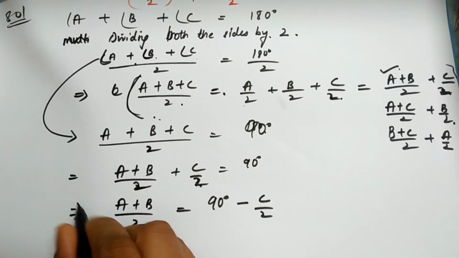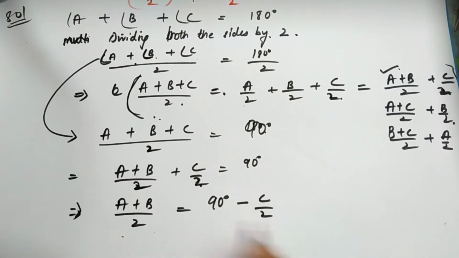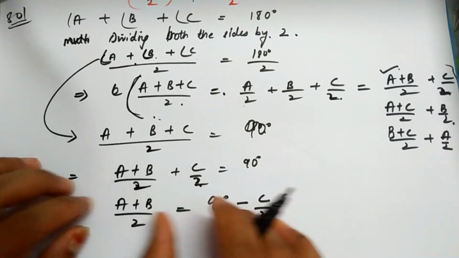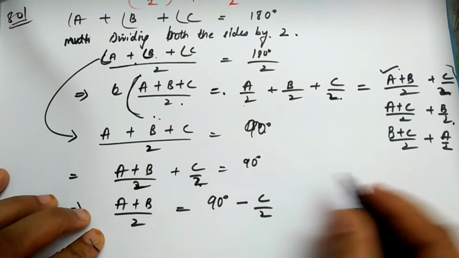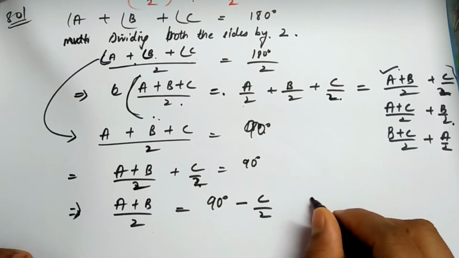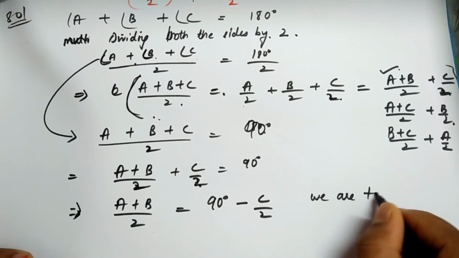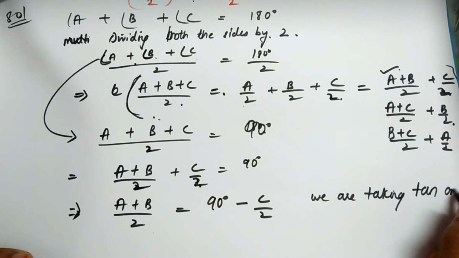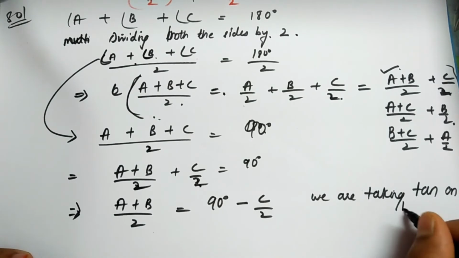Now, like in a previous problem, we said that if any of the angles here are the same, we can equate them. So for our ease, we can take any of the angles, and we are taking tan on both sides.